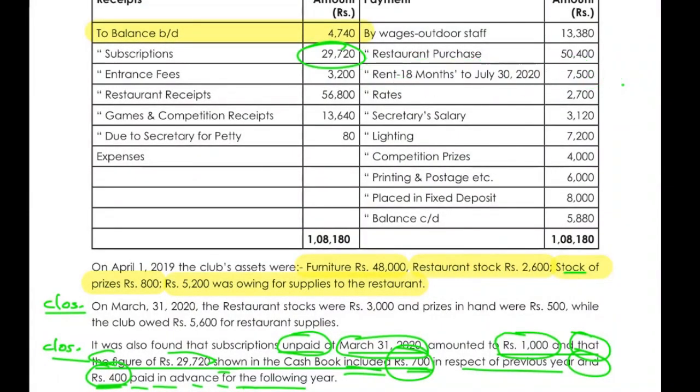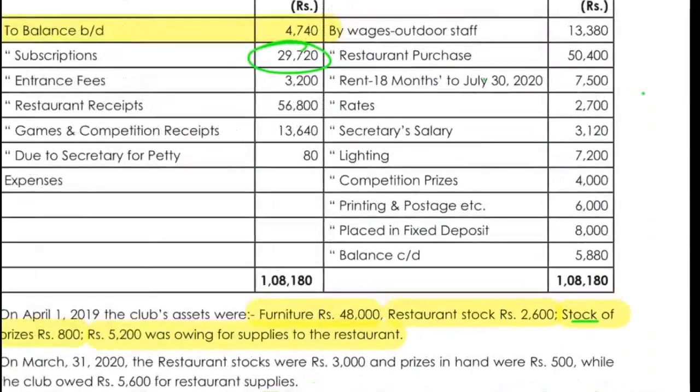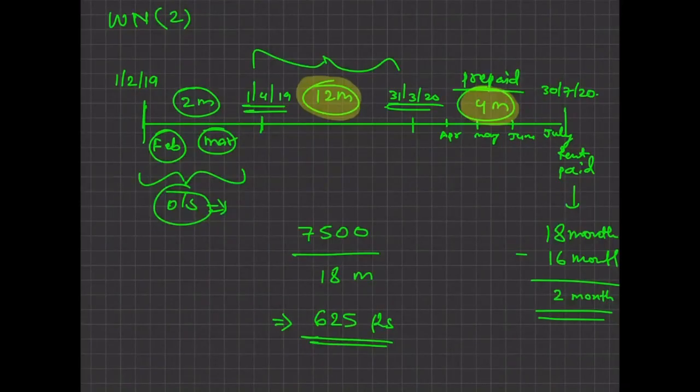I think there is one misprint in your question. Just correct it. This is not up to July, this is up to June. So here you will not have the prepaid up till full July, but you will have it up till June month, because they have mentioned the date 30th.